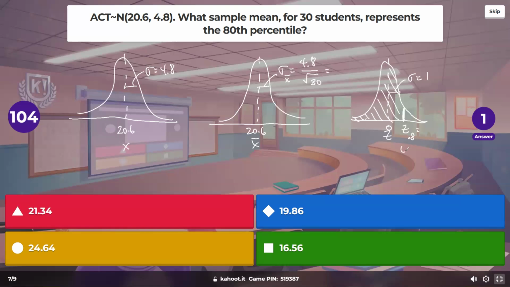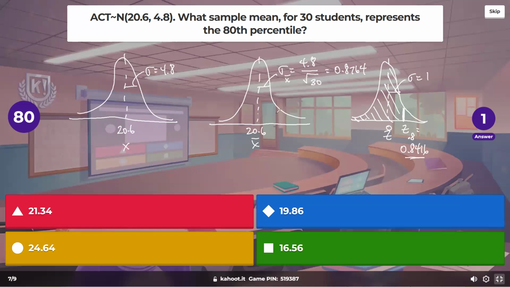Okay, so this is equal to 0.8416, is that right? Okay, and what do we get for our standard error here? 0.87635. Okay, so this time we already have our Z value.